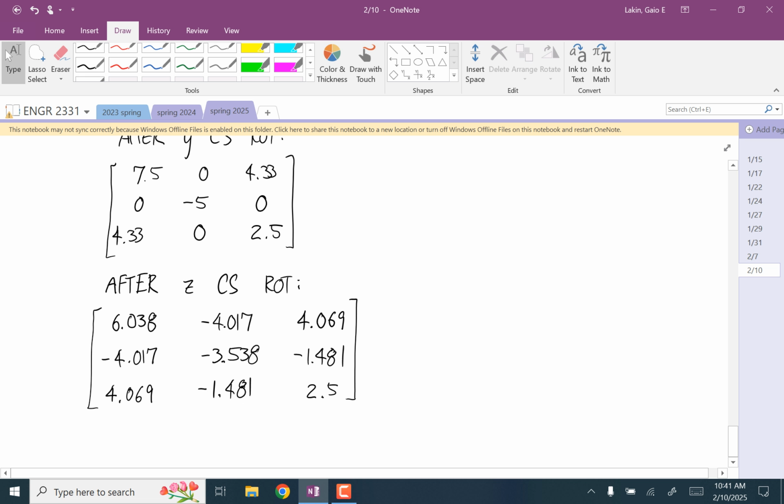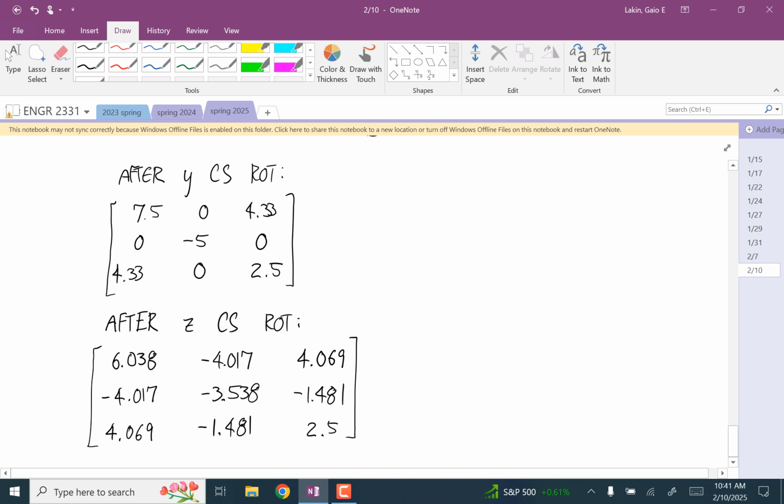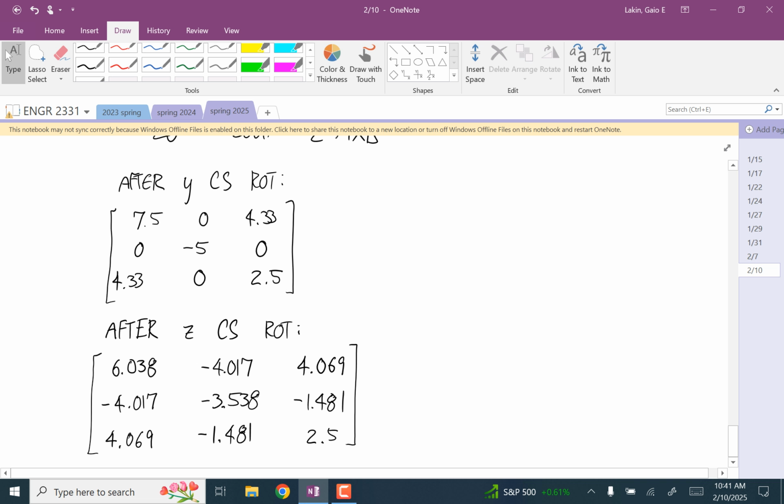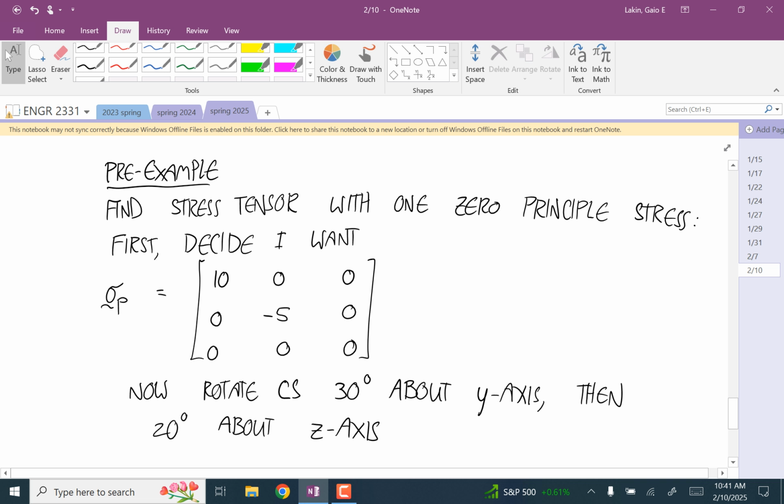And there's no way to look at that and spot what the eigenvalues are, but because of the way we did it, we happen to know that the eigenvalues of this are 10, negative 5, and 0.